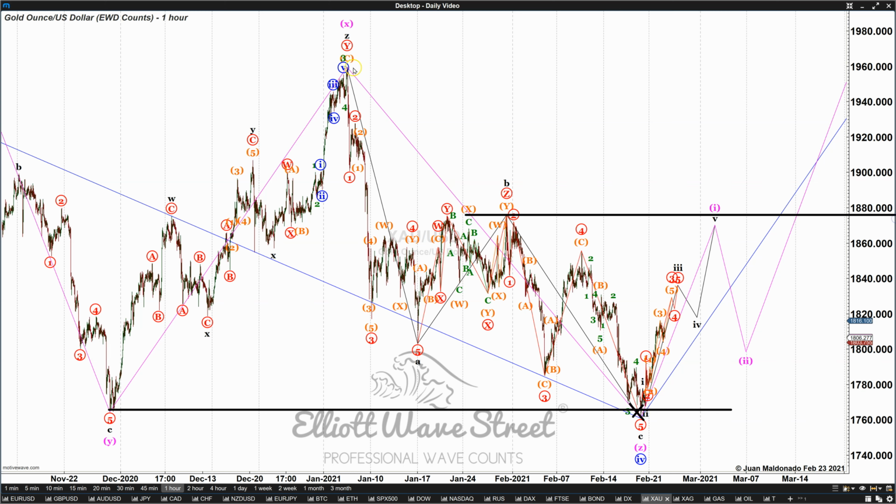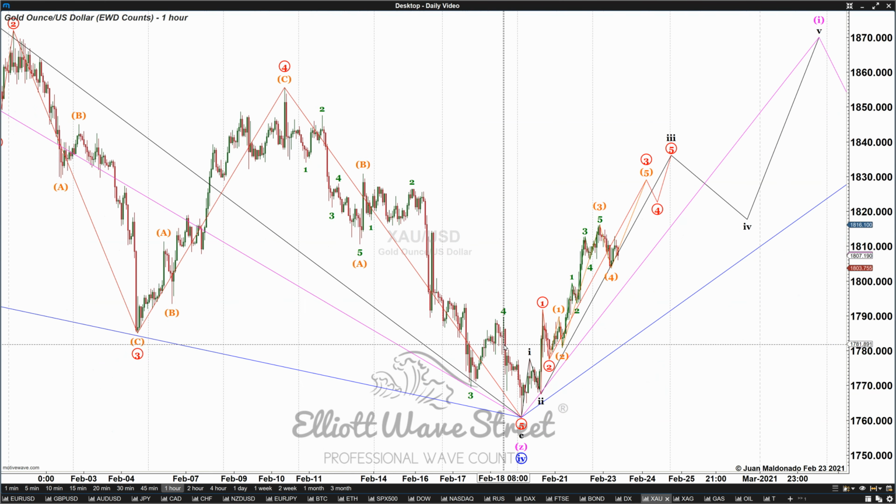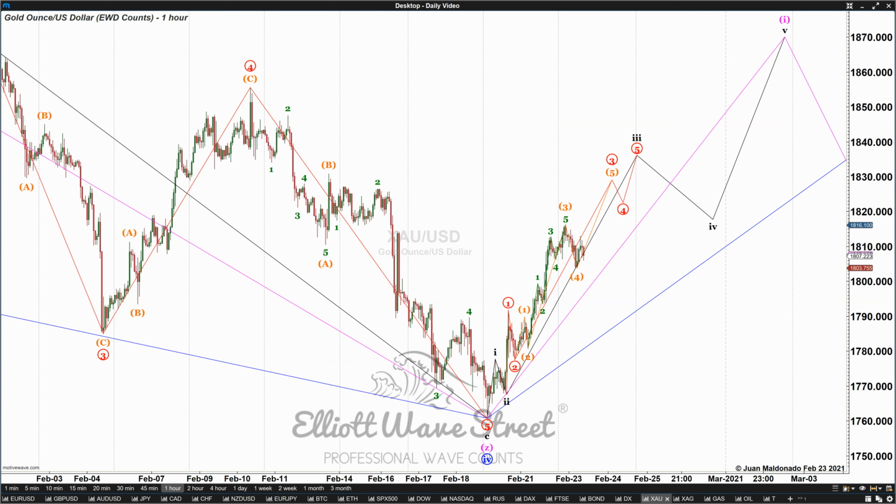First target, second target 1960. There we go. I believe this is the bottom on gold, and we are in the wave 1. Then we will have a wave 2, the test, and after that the most powerful wave, wave 3. So this is just a recap and a summary of what we were doing last week.